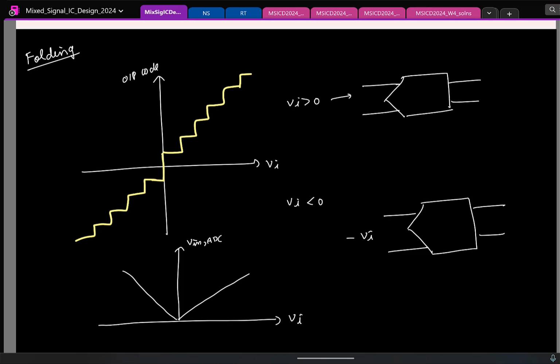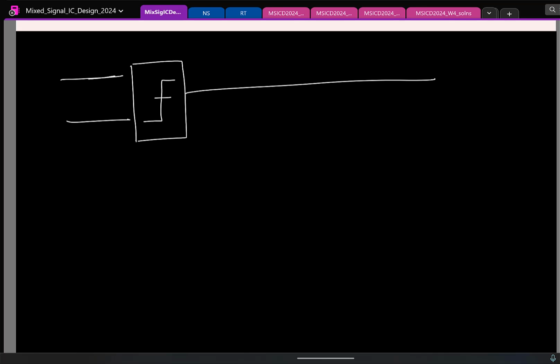If you draw the full picture, it looks like this. First you feed the input and check if it is positive or negative by doing a 1-bit comparison. Let us say this is D. If the signal is positive, you feed the input directly like this.